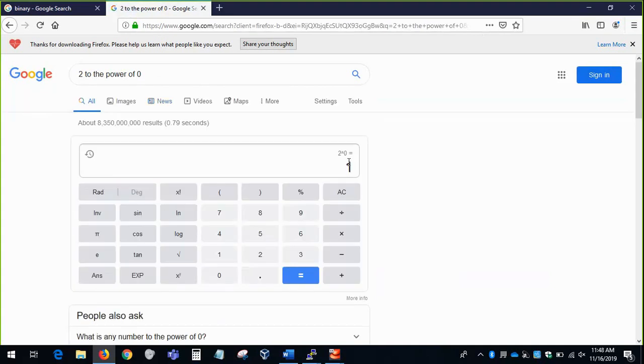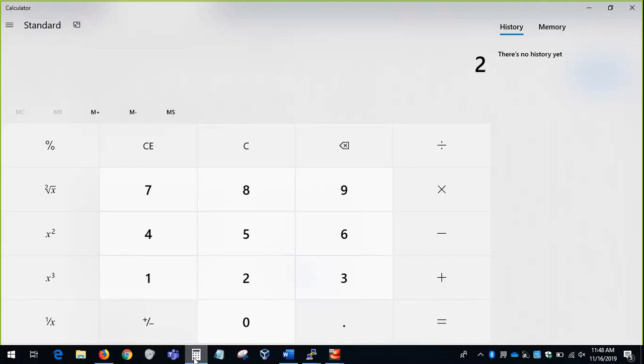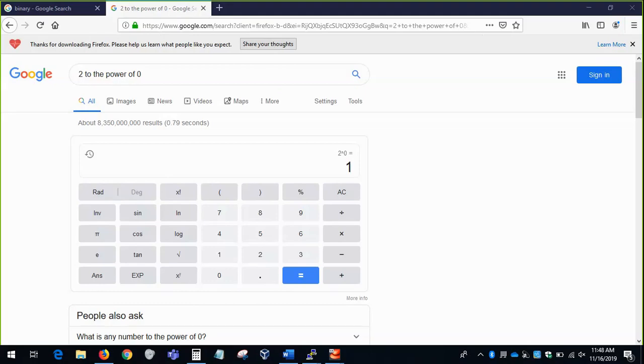And yeah, you're right, 2 to the power 0. It's not in this calculator here, but anyway, Google said it: 2 to the power 0 is 1, right here. Okay, very good, thank you.